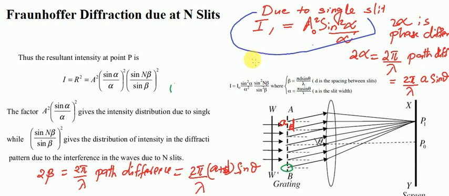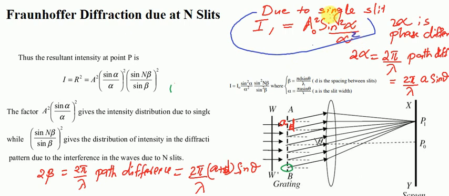We explained this in the single slit diffraction video; you may refer to that video for more explanation. So the intensity due to a single slit is I1 equal to a square sin square alpha by alpha square.